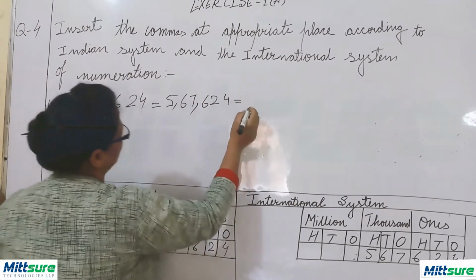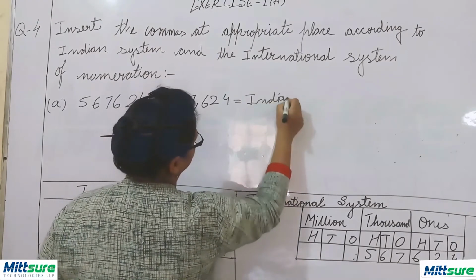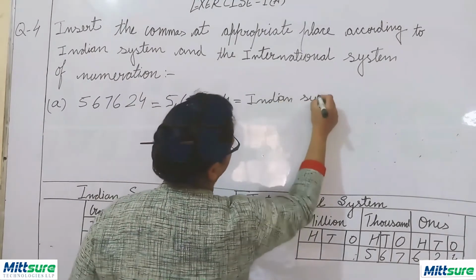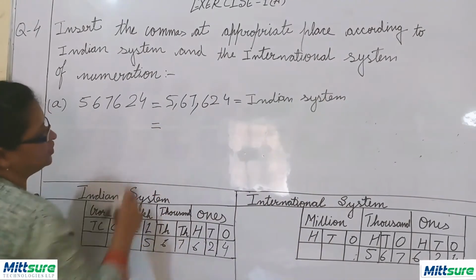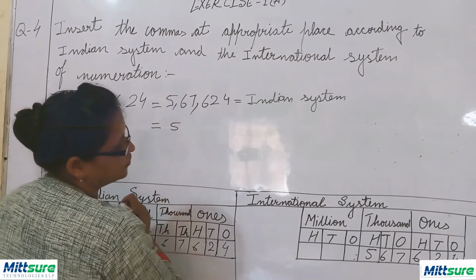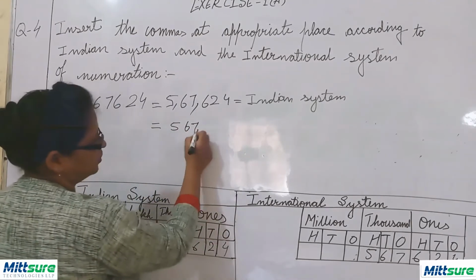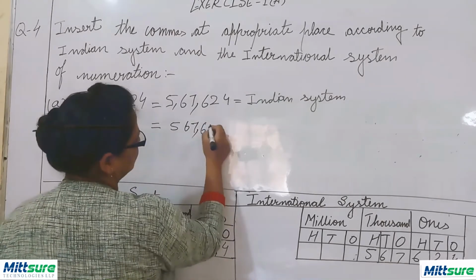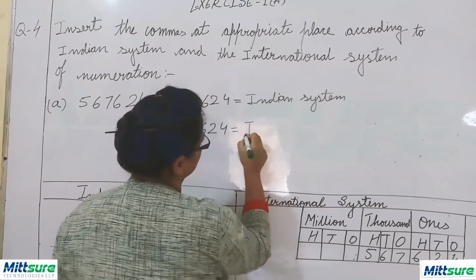This is the Indian system. If I write this in the international system, it will be 567,624. This is the international system.